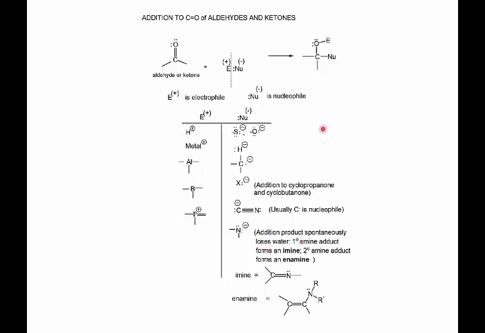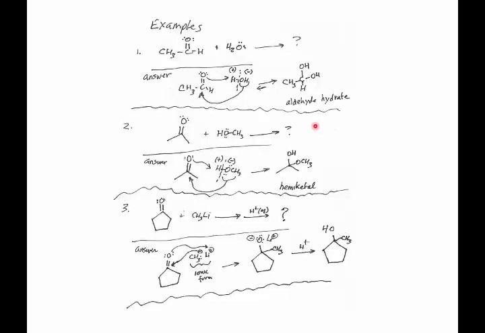To see how we use that chart, let's look at some examples. Here we have the reaction of an aldehyde and water. What will be the product? Well, the first thing when one sees this, just as one sees a C-C double bond of an alkene, think addition. So you see this and one thinks, addition. And as well, there's the pattern. The idea is to find the electrophile and the nucleophile.